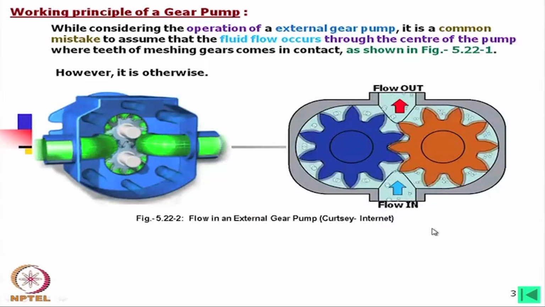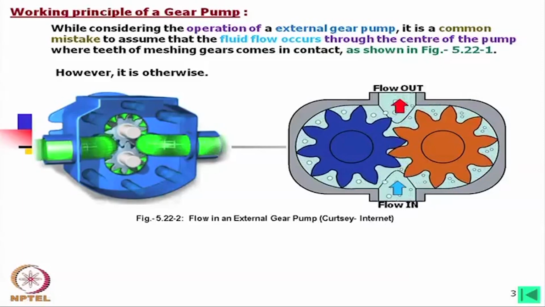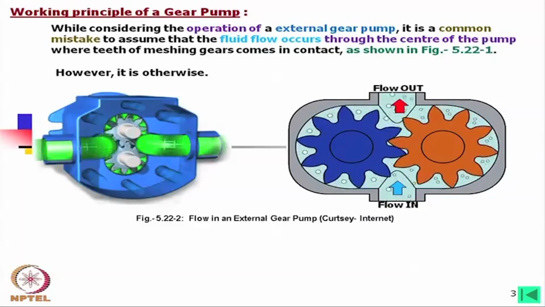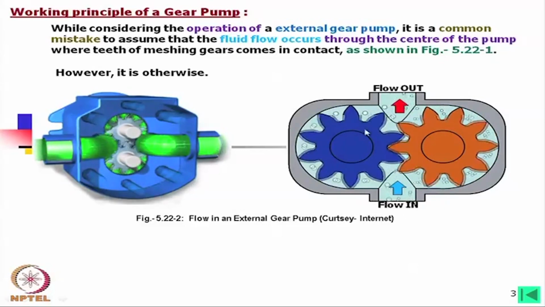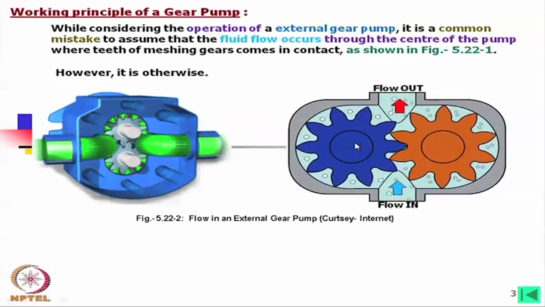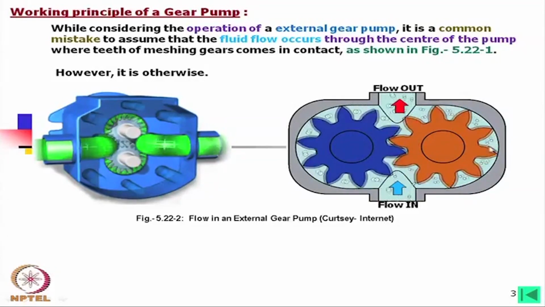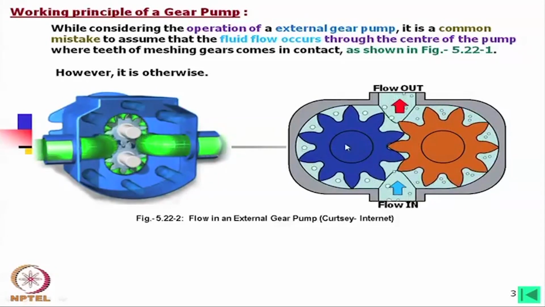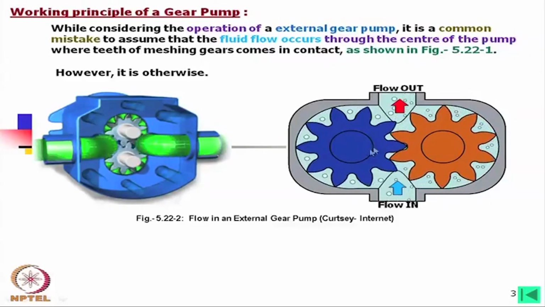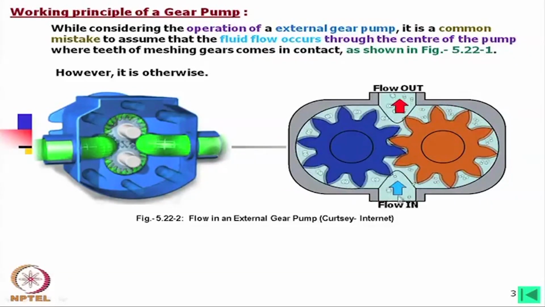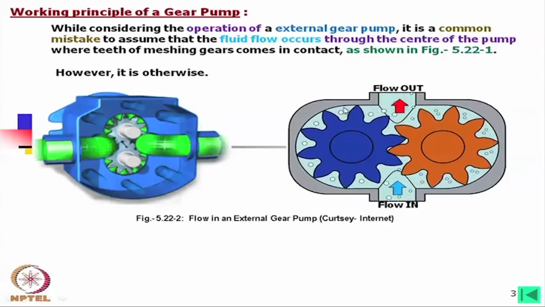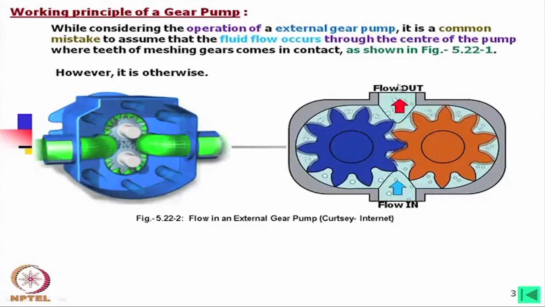It is otherwise. If you look into this picture, you can see that it is rotating in the clockwise direction. Let us assume the blue one is the driving one. Among these two, one of them is the driving one. In this case, let us consider this blue one is the driving one. Then what we observe, the oil is coming in from this side and then it is being trapped and it is going out.